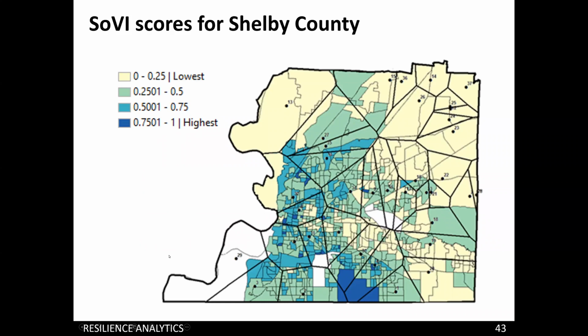And so here's, so we're not using a contrived example because we actually had to have social vulnerability values. So we're using Shelby County here. And these black dots here are the demand nodes for the Shelby County network. And we used a Voronoi diagram to essentially break up Shelby County by those nodes.